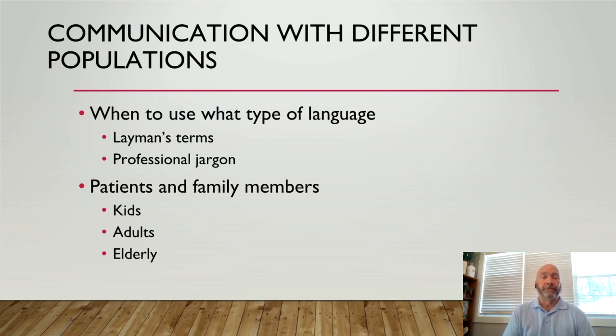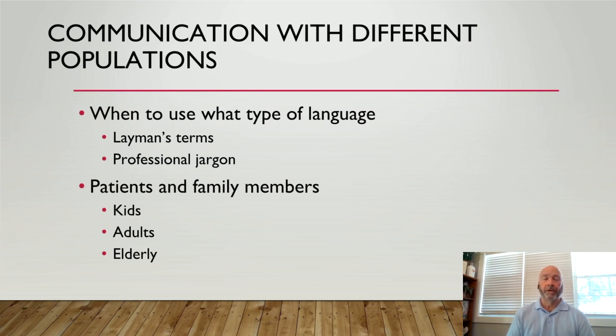So communication with different populations, again, this has to do with healthcare settings, and we've got different populations of healthcare settings. I'm going to kind of divide those up into patients and professionals, medical professionals that aren't doctors, and then the medical staff, which would be the doctors. So in speaking to the different populations, you might use different vocabulary.